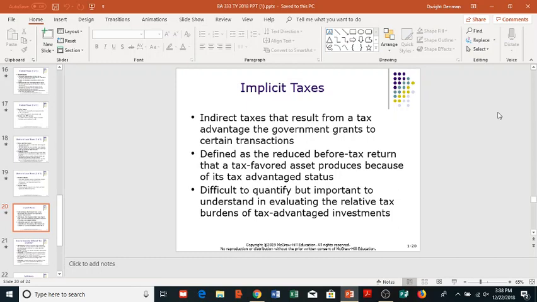Note if the before tax return is the same, the after tax return, here you have a Coca-Cola bond which is taxable. The State of Georgia bond's not going to be taxable. If the before tax returns are the same on those two, then the state bond is going to have a greater after tax return because there's no tax on it, than the Coca-Cola bond, which is taxable, and thus is going to have a smaller after tax return.